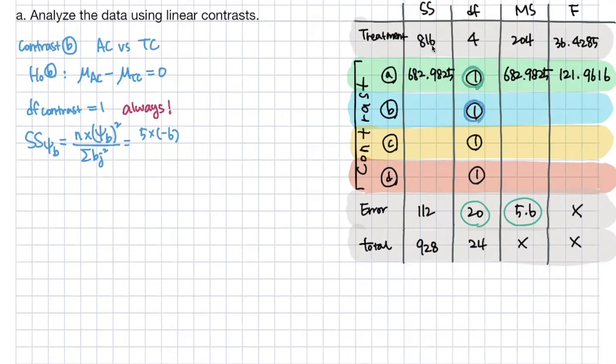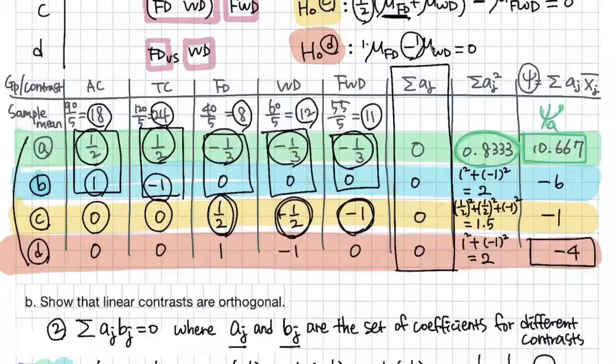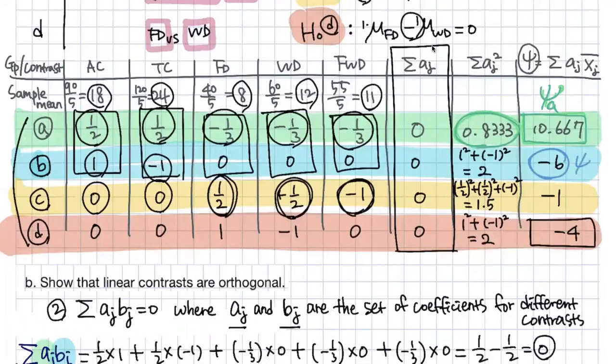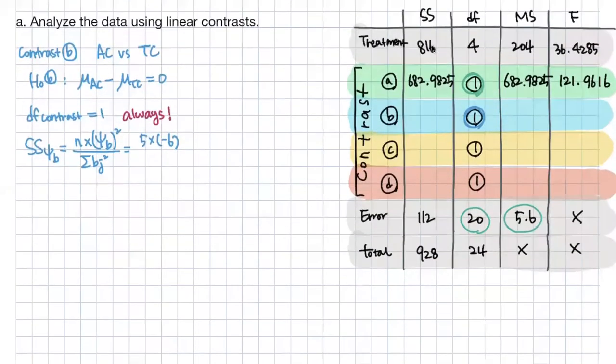And sum of square psi B is n times psi B squared divided by the sum of squares of linear contrast coefficients. So in the table, this is psi B, and this one is the sum of squares of linear contrast coefficients. So we are gonna plug in 2 and -6 in the formula: 5 times -6 squared divided by 2.